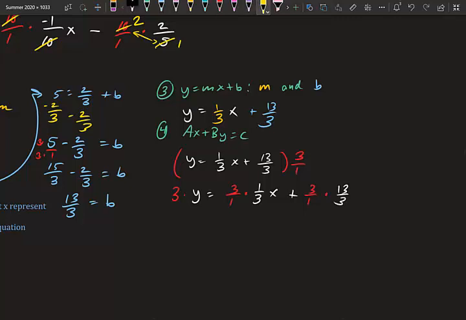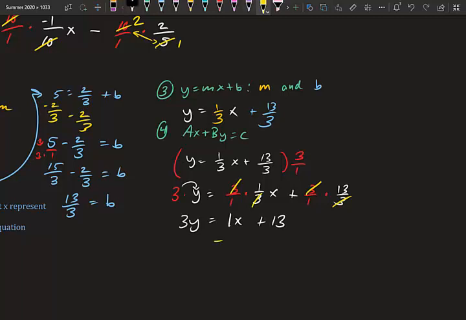Let's cross simplify diagonally. So 3 and 3 cancel. 3 and 3 cancel. We're left with 3y equals nothing times 1x, so 1x, plus nothing times 13, so 13.